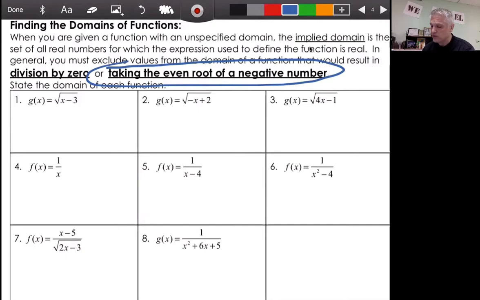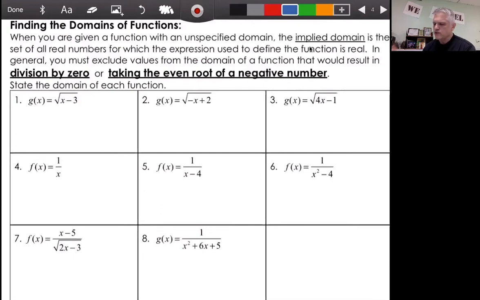That's not going to be a real output. That's not going to be a real number for y. So for the domain of a function, it's going to be any time where those two things are not happening. There's no dividing by 0, and there's no taking an even root of a negative number. Okay, I think that once we do some of these, it's going to make a little more sense to you. So let's check this out. Okay, so question 1.